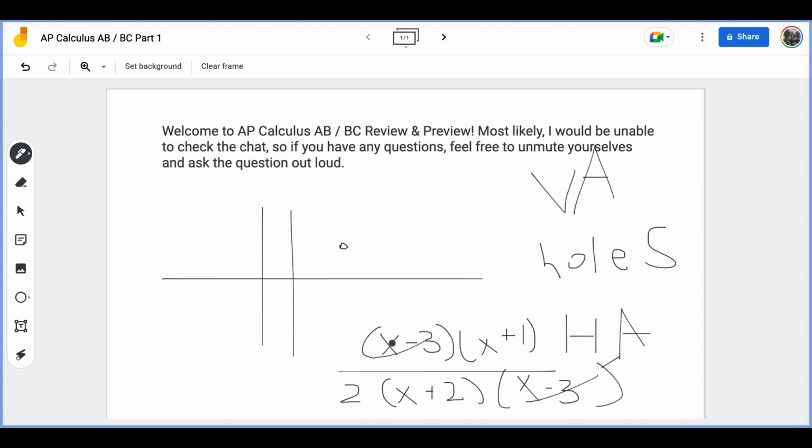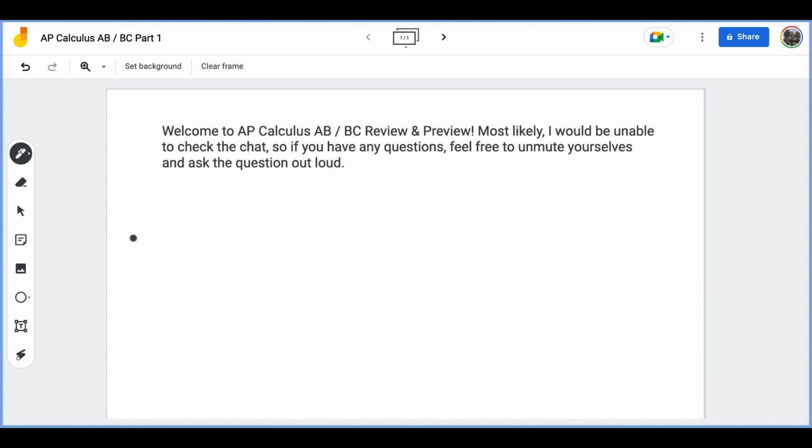So the first case is, let me clear the screen to demonstrate the 3 cases. The first case is, let's say it's p of x over q of x. That's the function.